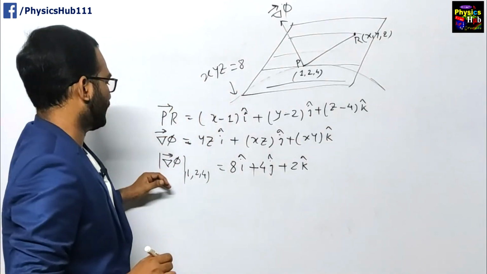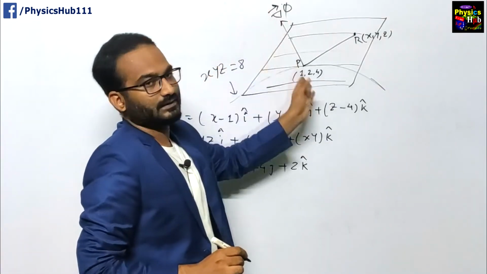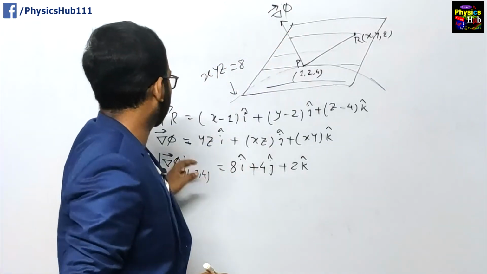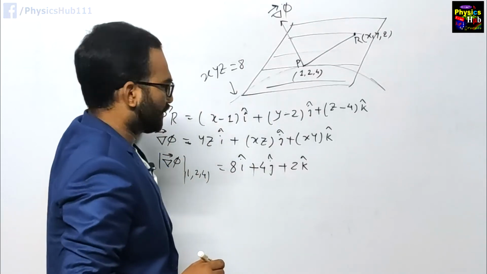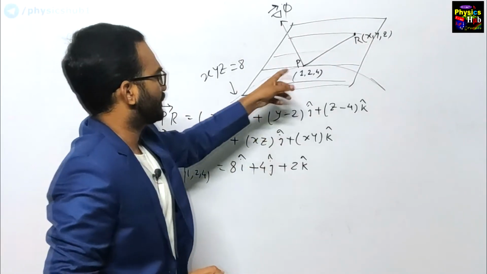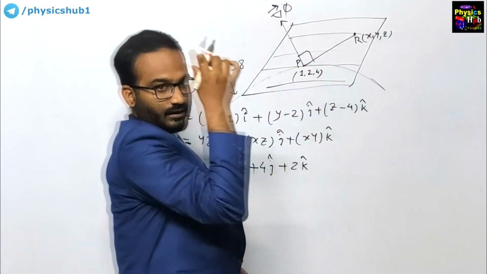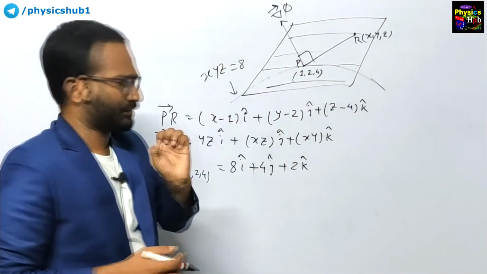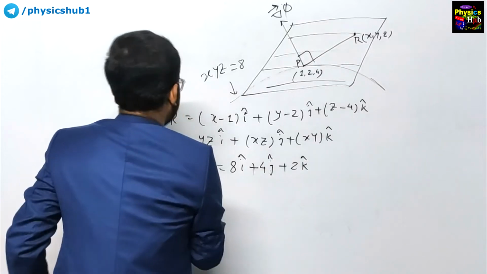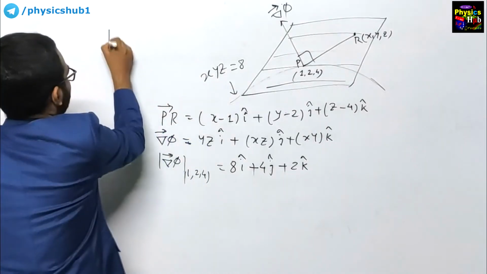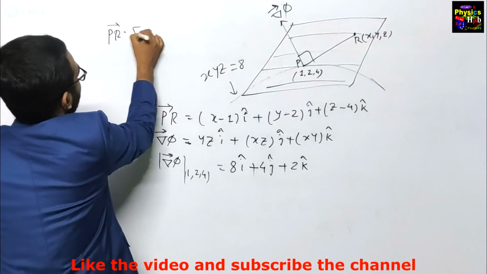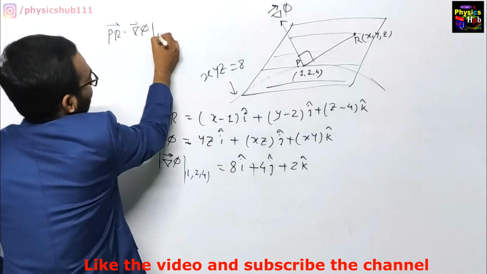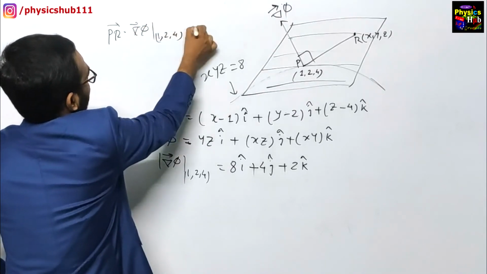So you got the value of this vector at this point, and you got the equation of PR. As we know, these two things are perpendicular to each other, so we can equate the dot product of these two things to 0. So PR dot grad phi at the point (1, 2, 4) should be equal to 0.